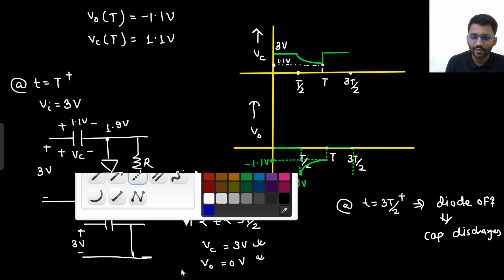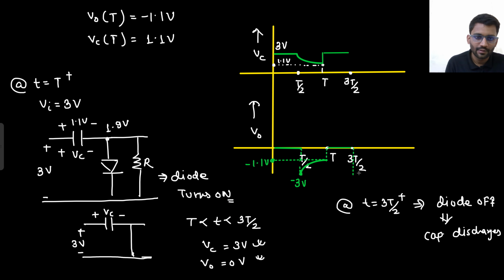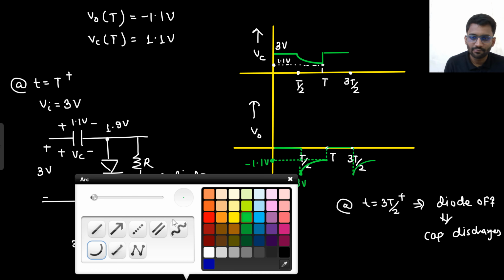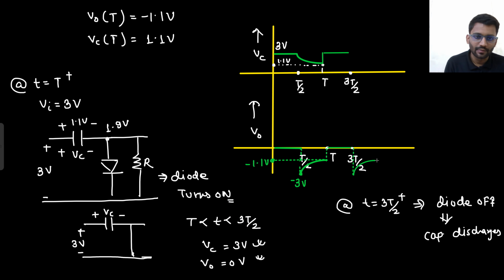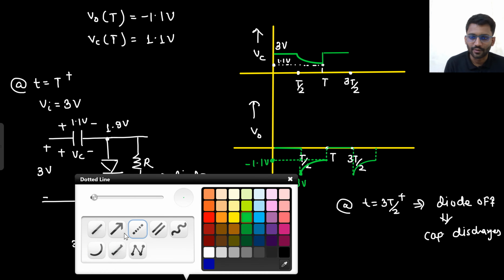The cycle will keep on repeating for V0. And again it will come to 0, and it will just keep on happening.